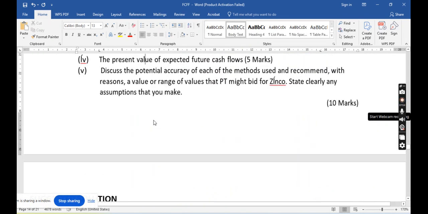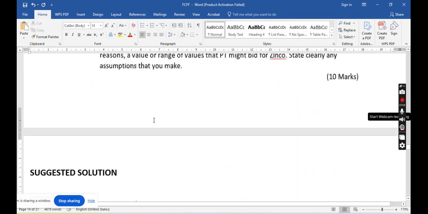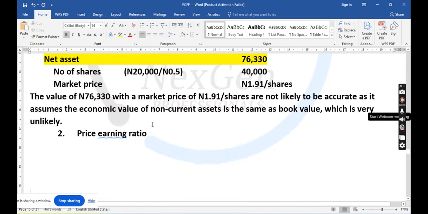Now, let's quickly go back to the requirement, price earning ratio. If you want to determine the market price using price earning ratio, what is our formula?